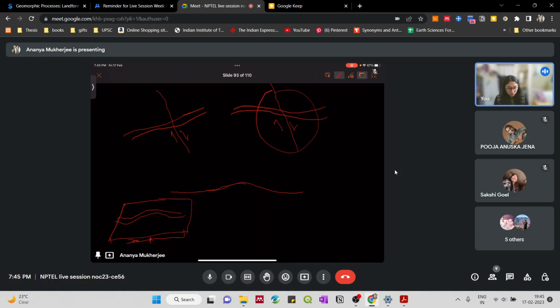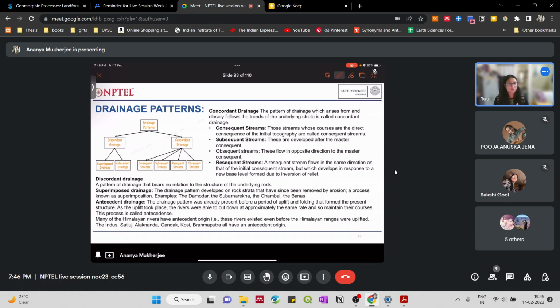So what will happen is, suppose there is a hilly region that is formed here, there are mountains formed here, but the river is still flowing in this orientation only. It has not changed the way it is flowing. So that is an antecedent drainage.